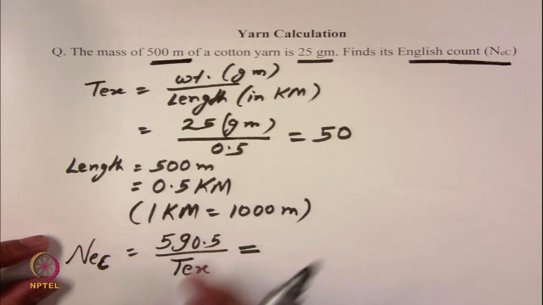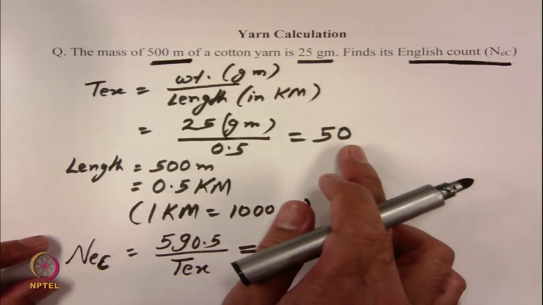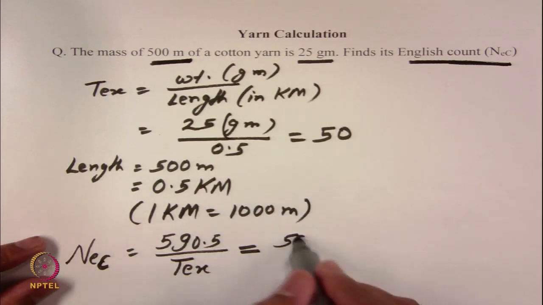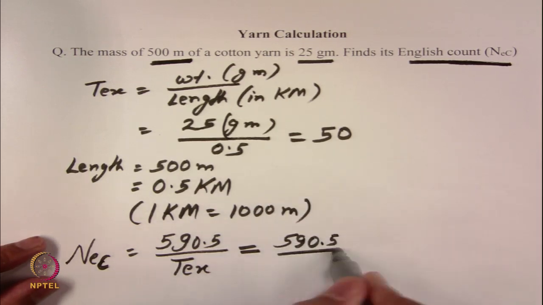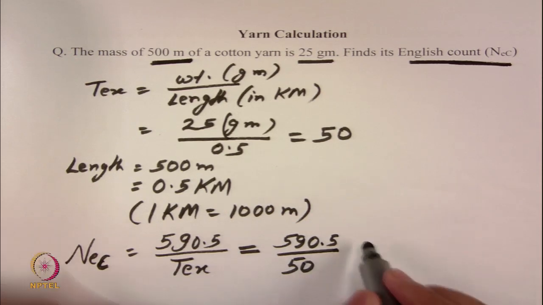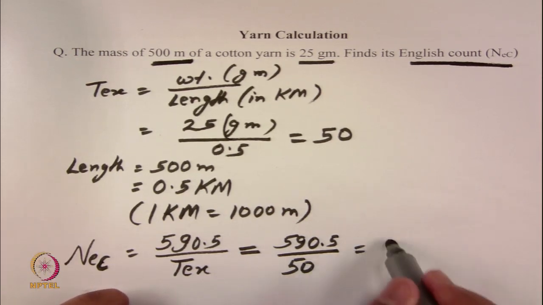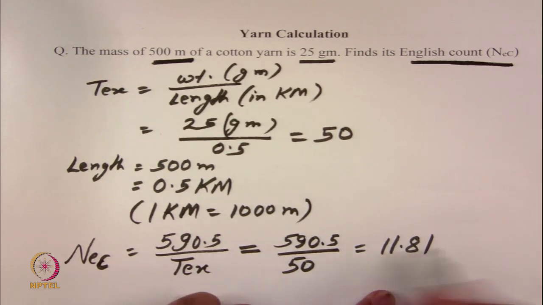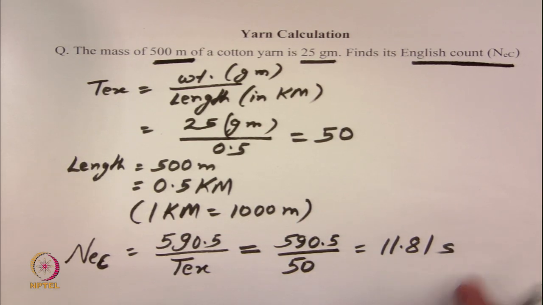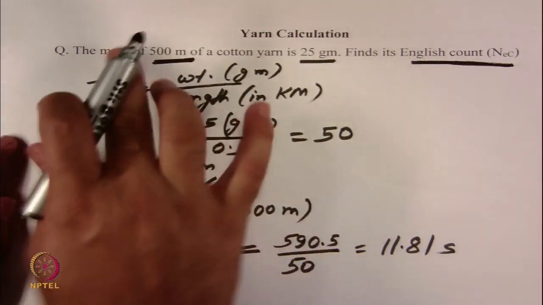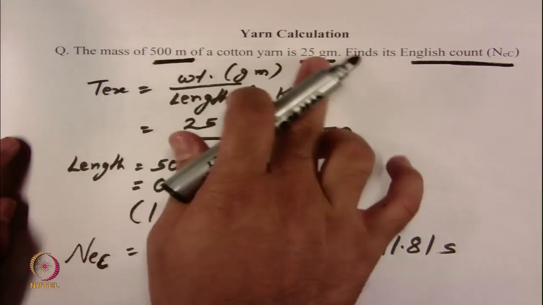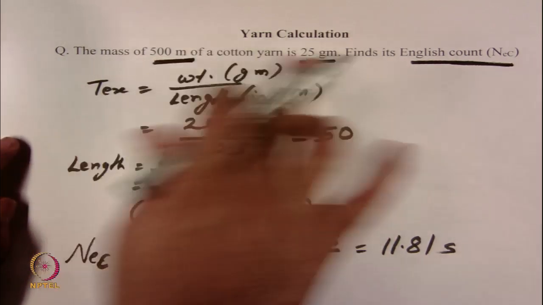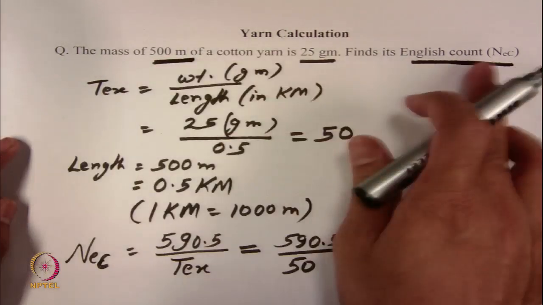So, 590.5 by tex, and what is the value of tex? 50. So, 590.5 divided by 50, we will simply get 11.81. English count is generally represented by S. So, 11.81s count. So, considering this value of mass and length, we can find the English count.